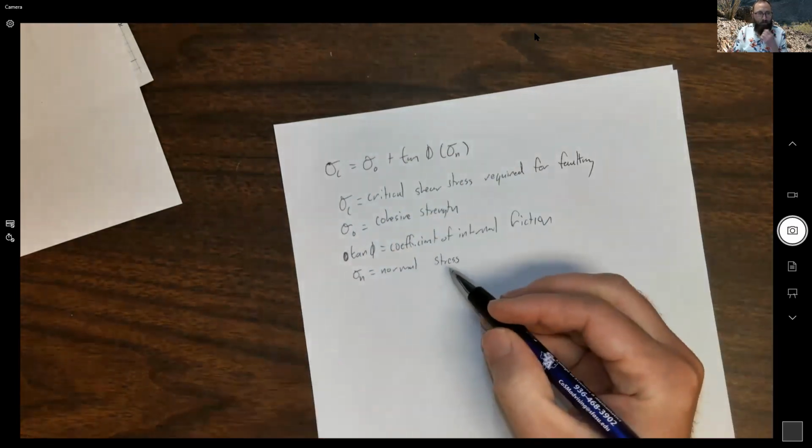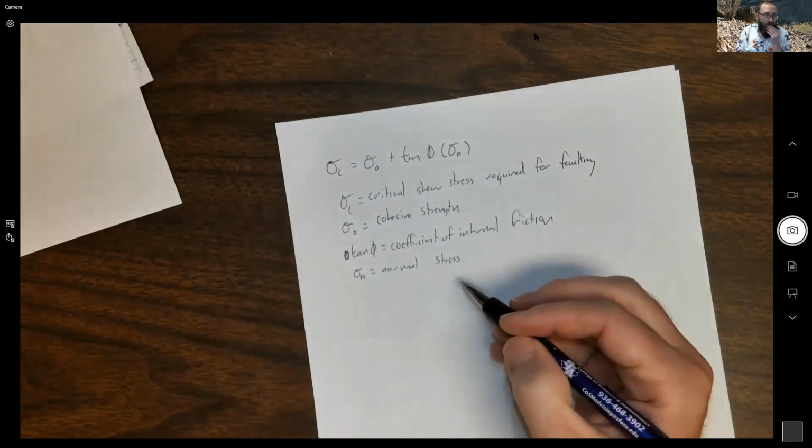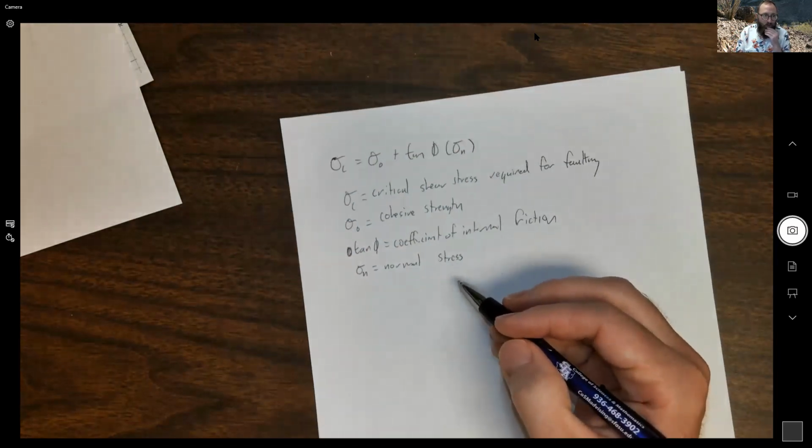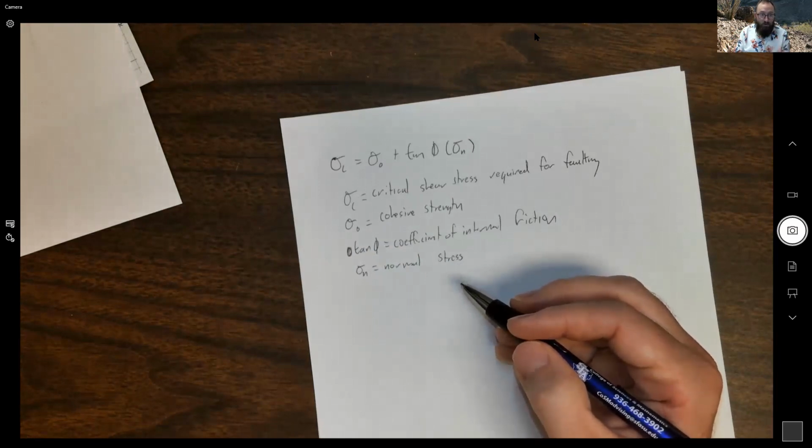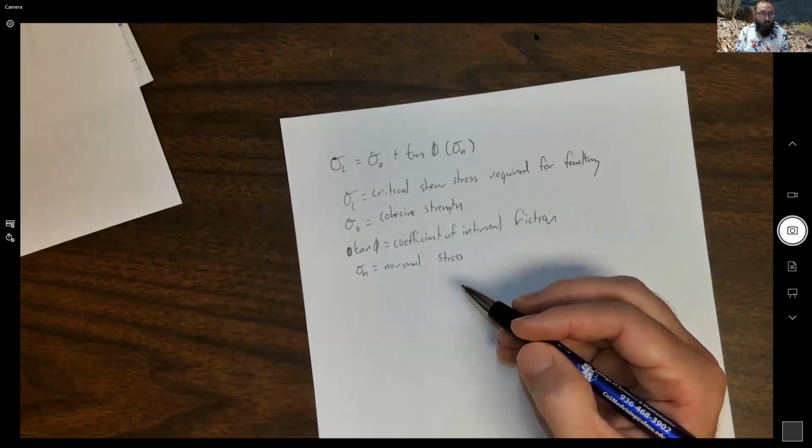And the way we ended up defining this envelope of failure for a particular lithology, for example, if we were just looking at something like the Navajo sandstone, we would take samples of Navajo sandstone and conduct a series of compressive strength tests.